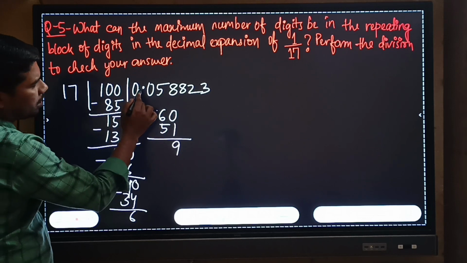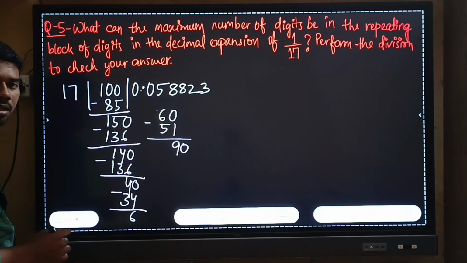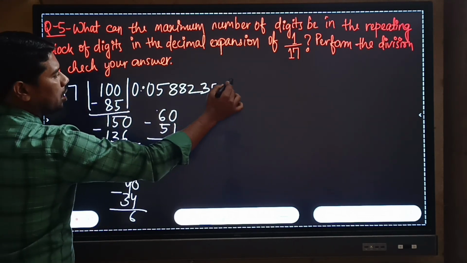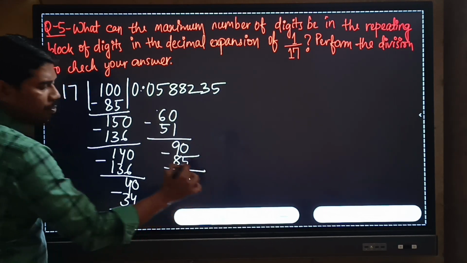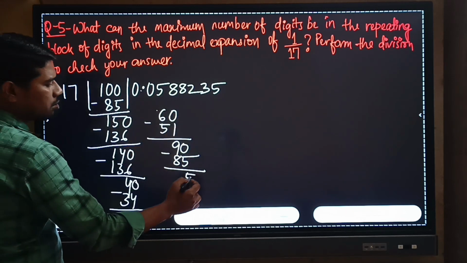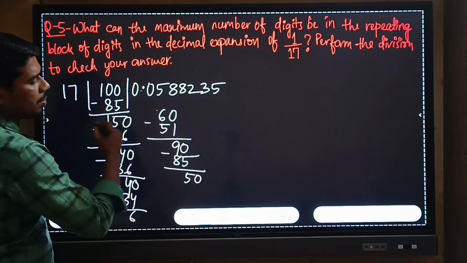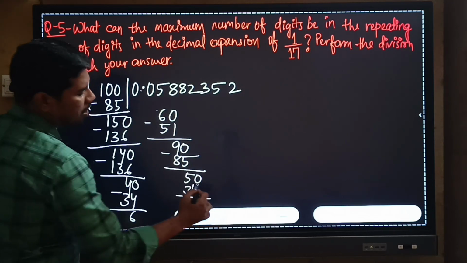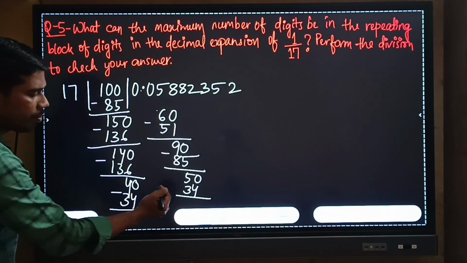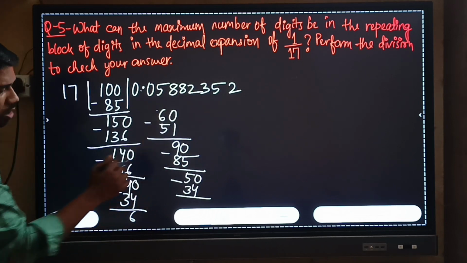9, then the decimal point is there, it will become 90. 17 5s are 85. It will subtract, then 5 will come. The point is there, then again 50. 17 2s are 34, because 17 3s is equal to 51, that is greater than 50. So 17 2s is 34.